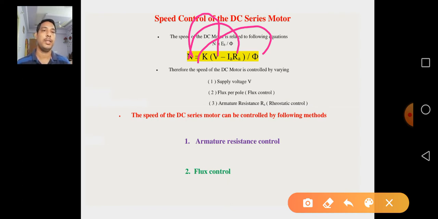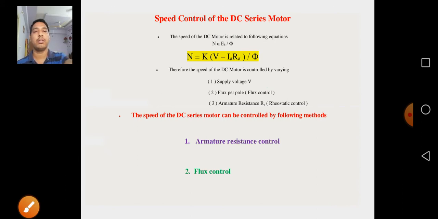Therefore the speed of the DC motor can be controlled by varying the supply voltage, or by varying the flux per pole, which is phi, and the other one is the armature resistance control. By varying all these three we can control the speed of the DC motor, and this is the basic equation we should remember to control the speed.